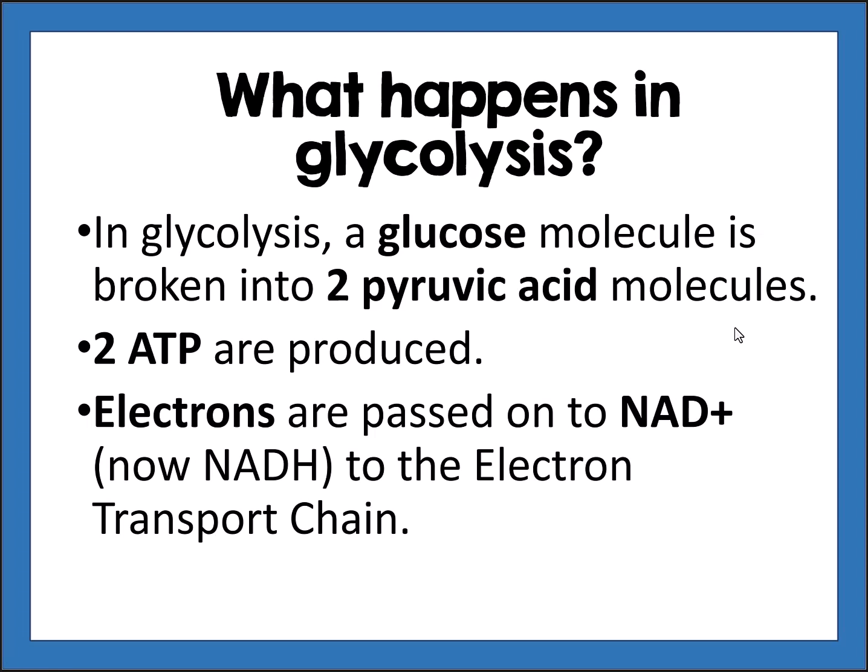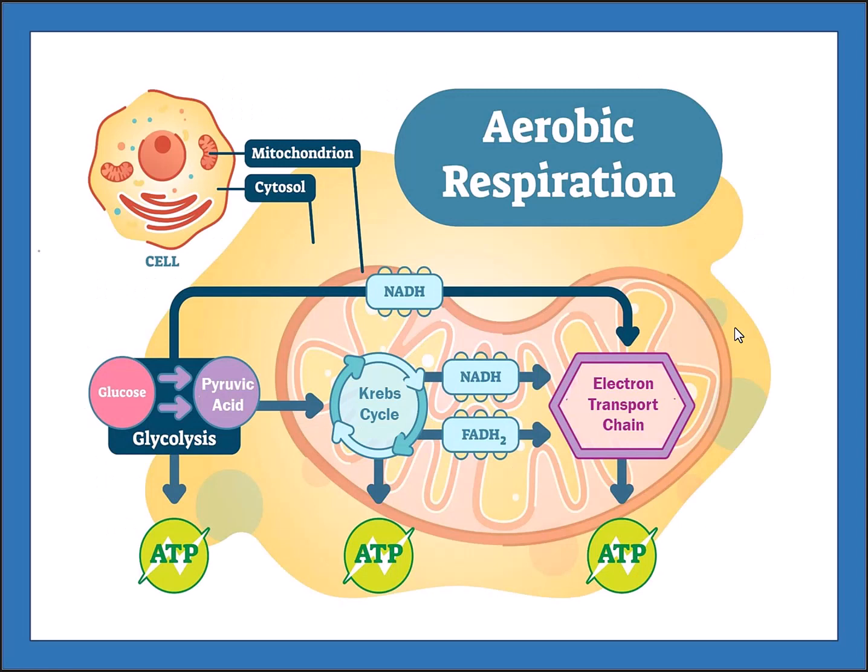Finally, electrons are being passed on a molecule known as NAD+, which creates NADH when it has electrons added to it. And that NADH is going to be passing those high energy electrons onto the electron transport chain. So similar process here to photosynthesis, but we're working in reverse. We're starting with glucose, breaking it down into pyruvic acid, and this is the process of glycolysis.